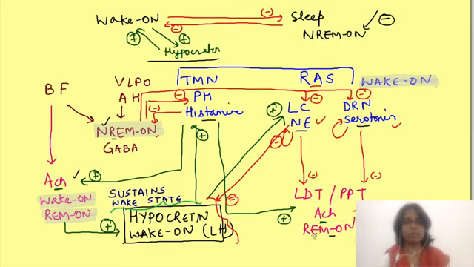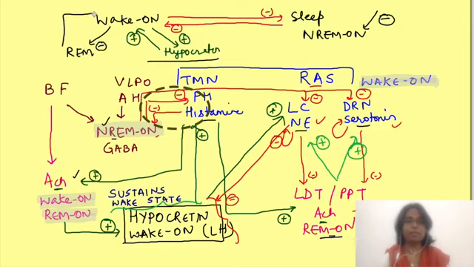Okay, let's now see the final one, how from REM sleep a switch happens to the wake state. Well, between wake-on neurons and NREM neurons we saw mutual inhibition. But between wake-on neurons and REM neurons we have cycling behavior. That is, these neurons inhibit REM neurons, but REM neurons actually excite these wake-on neurons.